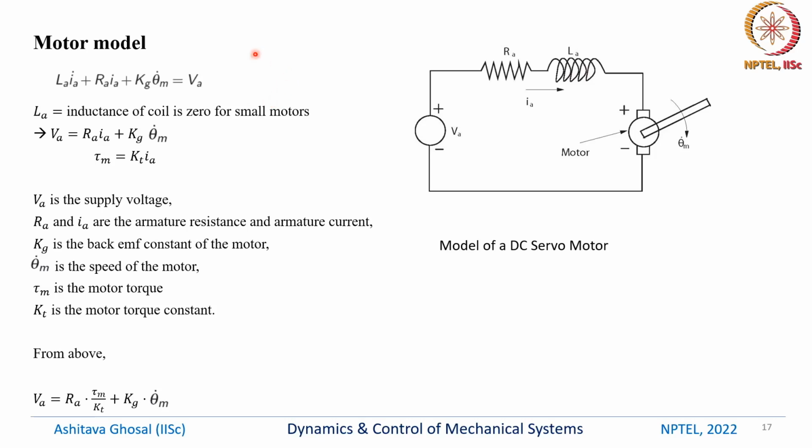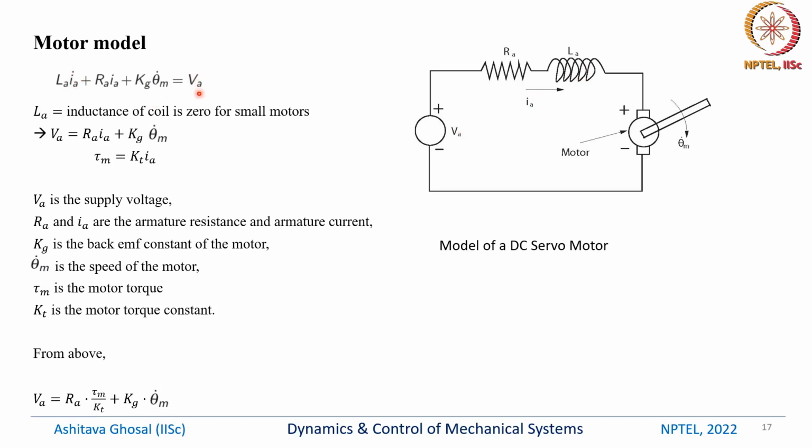So we can write the differential equation, which is nothing but the voltage drop along the resistor, the inductor, and due to back EMF is equal to the applied voltage, which is this equation. Most of the time in small motors, okay, this inductor is very small, so we can drop this term LA into IA dot.